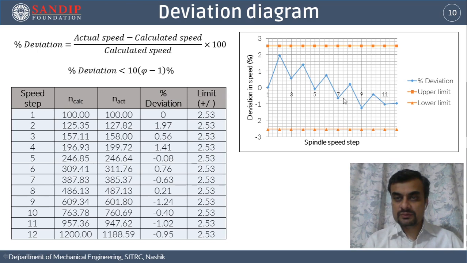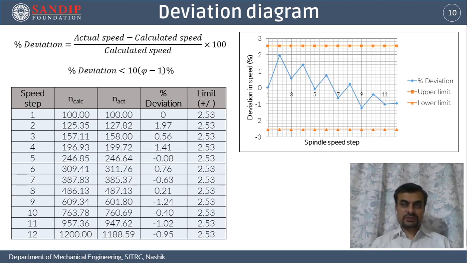This blue curve is the percentage of deviation and these orange curves are the permissible limits, and it can be observed that the deviation for all speed steps is within the acceptable limit, and therefore the design which we have been doing in the last 5 lectures is acceptable. So the design is acceptable and completed at this point of time.